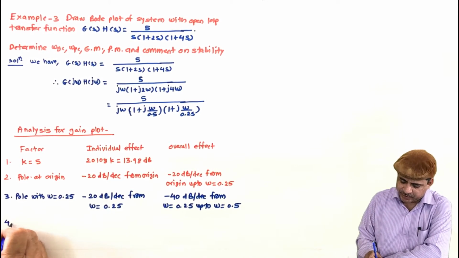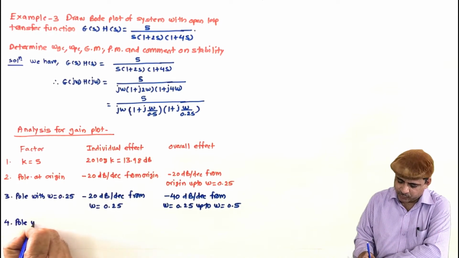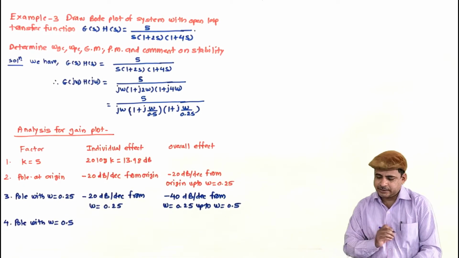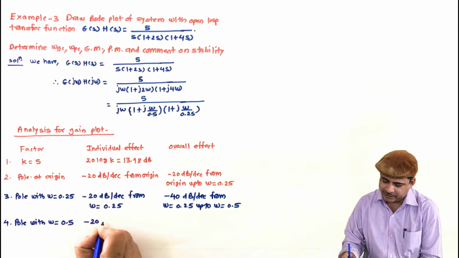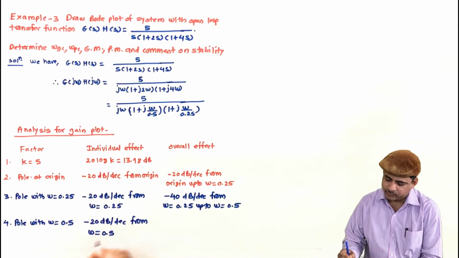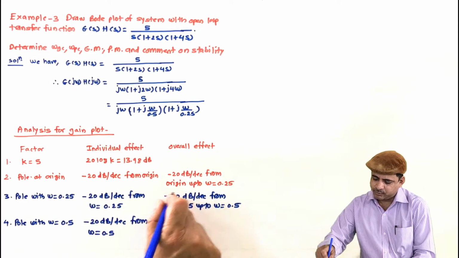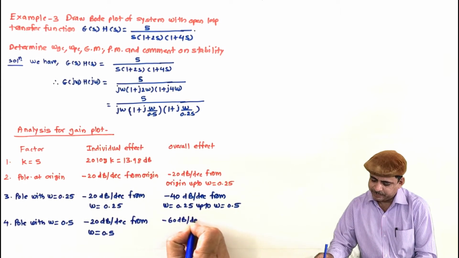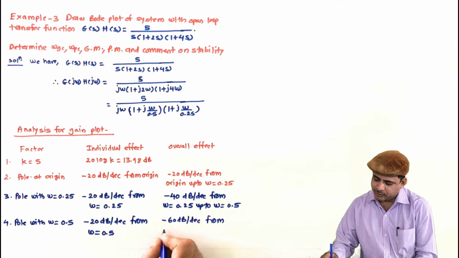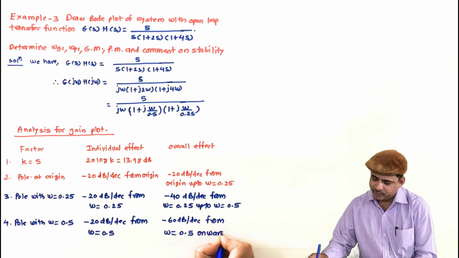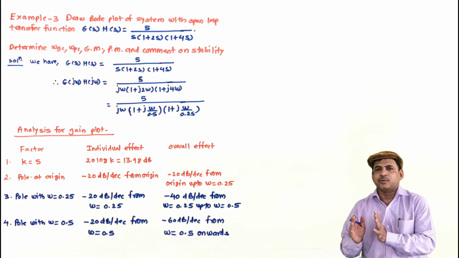The last factor is the pole with omega equal to 0.5, and again its individual effect is minus 20 dB per decade, but from omega equal to 0.5. The overall effect will be minus 40 plus minus 20, which is minus 60 dB per decade from omega equal to 0.5 onwards till the end, because after omega equal to 0.5 there is no pole or zero.